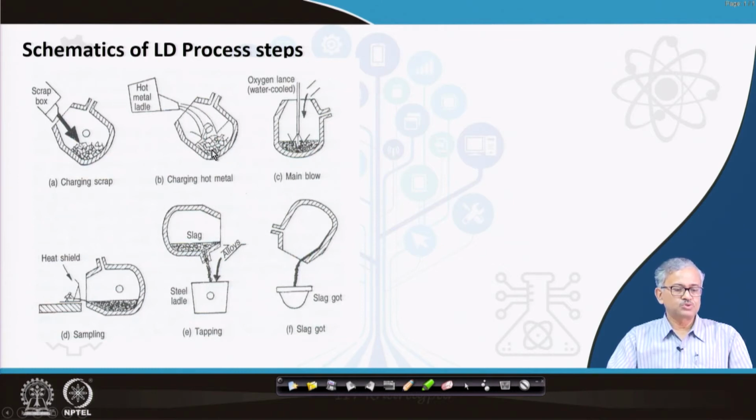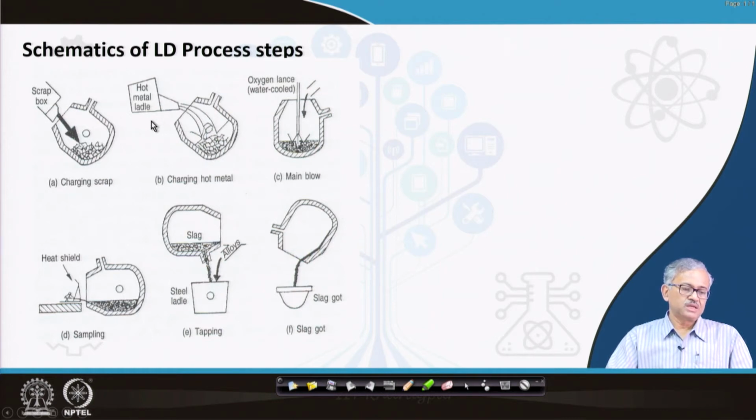It has two advantages. One is that if you use the scrap first and then put the hot metal, the hot metal does not directly hit the refractory wall, because if it does, it will give rise to some erosion. If you charge the liquid metal over the scrap, then the scrap gives a cushioning effect over the refractory. That is the reason why it is charged like this.